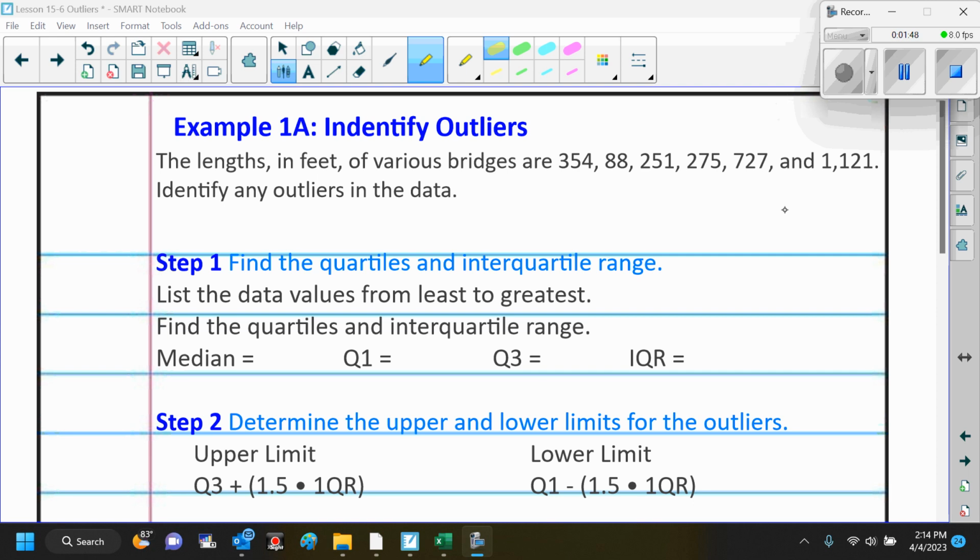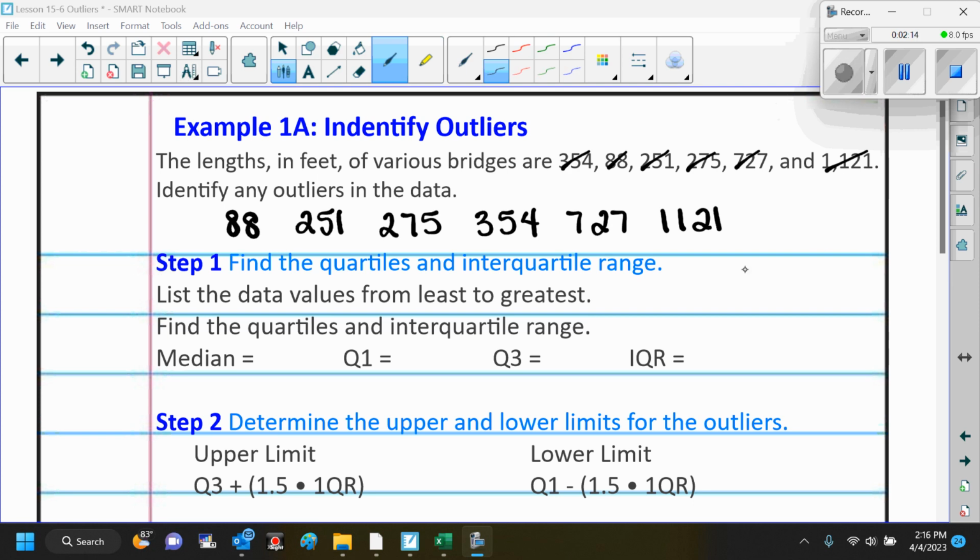Example 1A is to identify the outliers. It says here, the lengths in feet of various bridges are as follows. We want to identify any outliers. So step 1 is to find the quartiles and the interquartile range. The first thing we have to do is put this data in order from least to greatest.